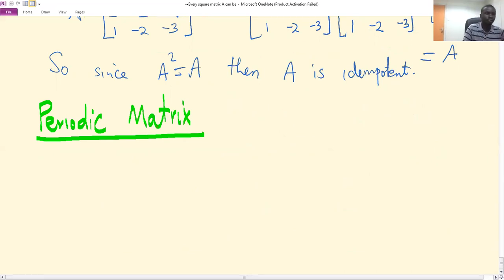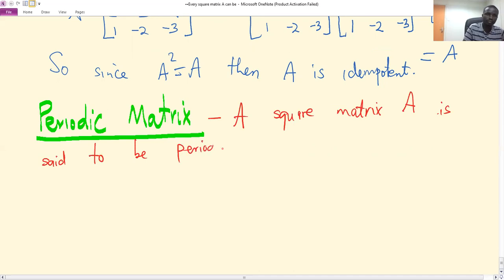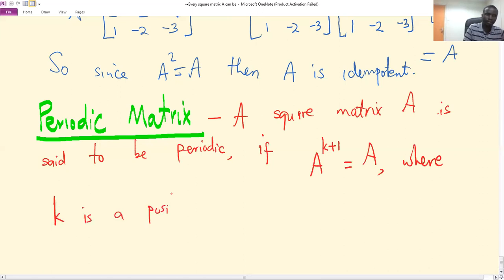A square matrix A is said to be periodic if A raised to the power k plus 1 is equal to A, where k is a positive integer.